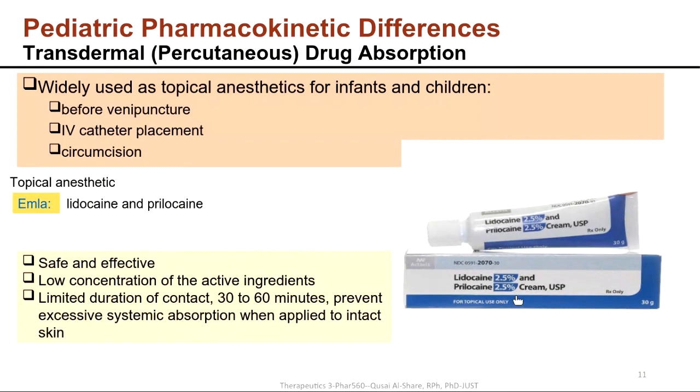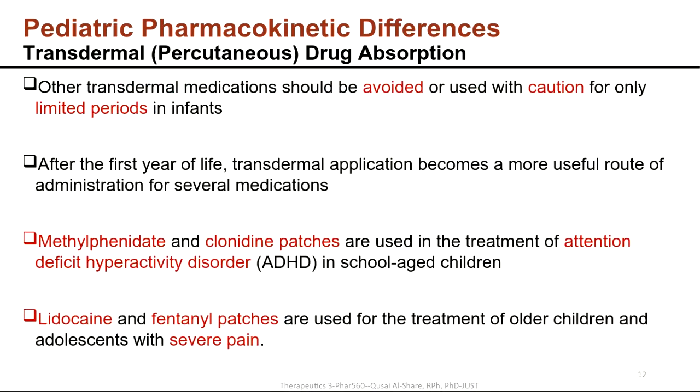They are safe and effective, and the reason for that is they have a low concentration of the active ingredient, especially if they are given for only a very limited period of time. For a short period of time, the contact with the skin is going to be just 30 minutes or 60 minutes to prevent excessive systemic absorption, when applied to intact skin, not to broken skin or burns or wounds. That's a different story.